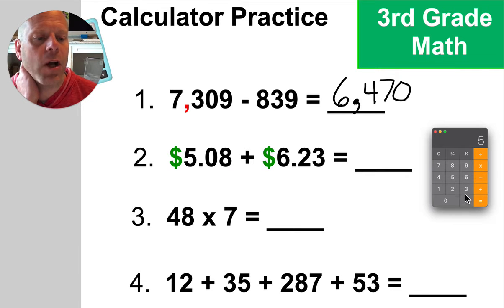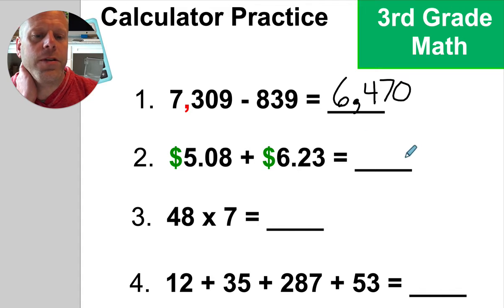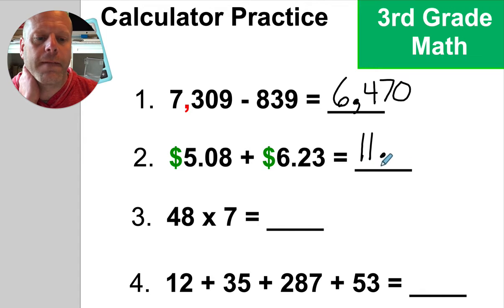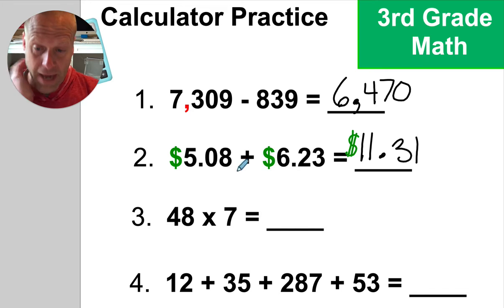So $5 decimal point and 8 cents plus $6 decimal point and 23 cents. Oh, it will give me the answer of $11.31. It did not put the dollar sign in there, so I'm just going to do that because I knew what I was entering, right? I was entering dollars and cents.